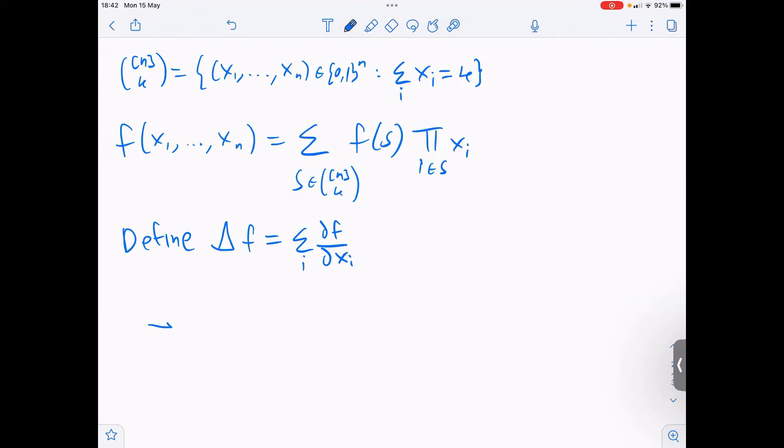So you can think of this operator delta as taking a function of the slice [n choose k] and outputting a function on the slice [n choose k-1]. Okay? So if you apply this operator, then now all the monomials will have degree k minus 1 rather than k.